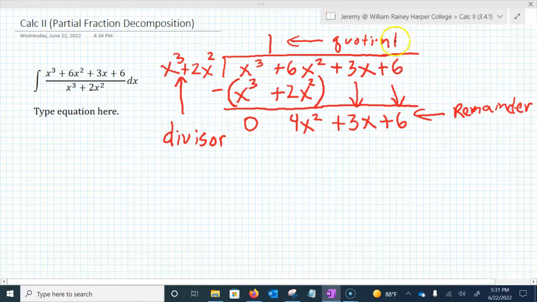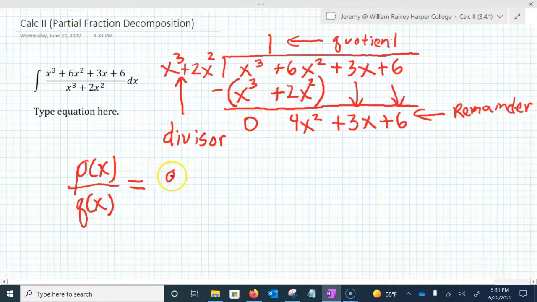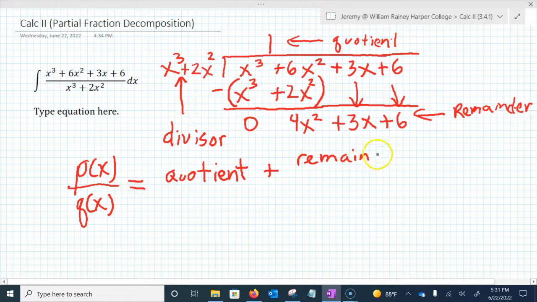So when you do long division, p of x over q of x is going to be the quotient plus the remainder over the divisor.